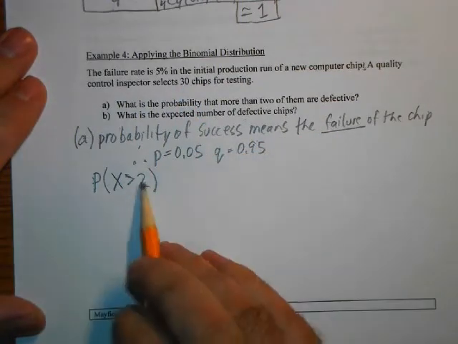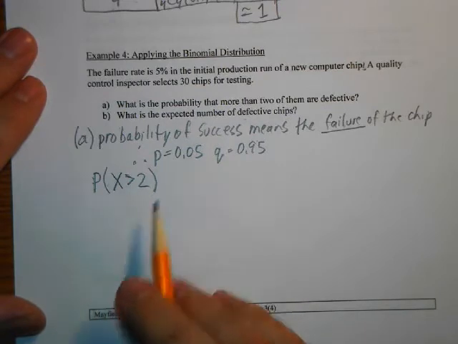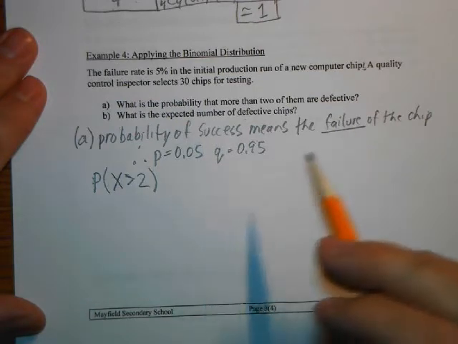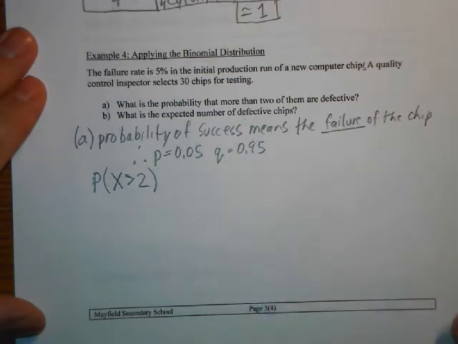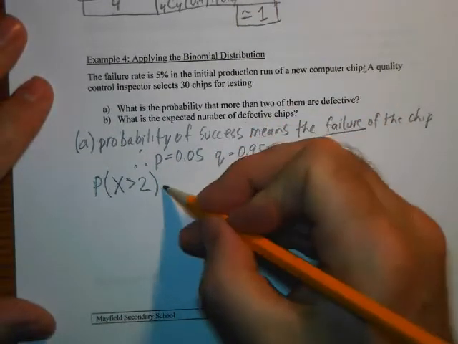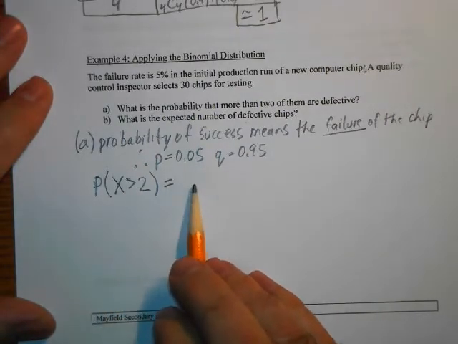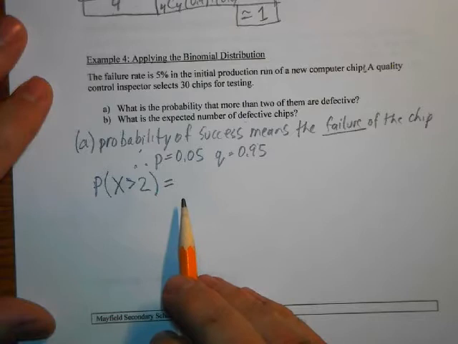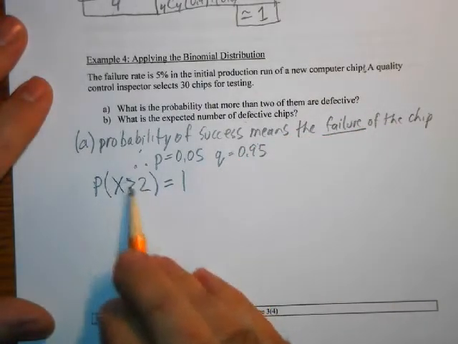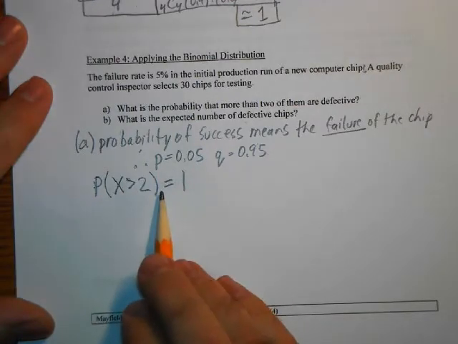Now, you can see quite easily, this would be a lot of calculations if we had to calculate probability x is 3, and then add that to the probability x is 4. So instead of looking for 3, 4, 5, 6 up to 30, we're going to do the opposite. We're going to find the ones that aren't part of this, and we're going to subtract it from 1 because we know all the probabilities add up to 1.